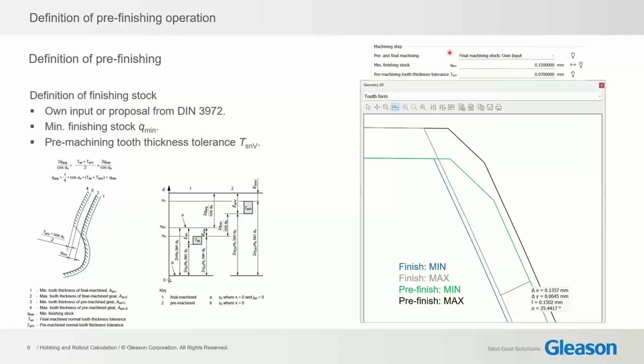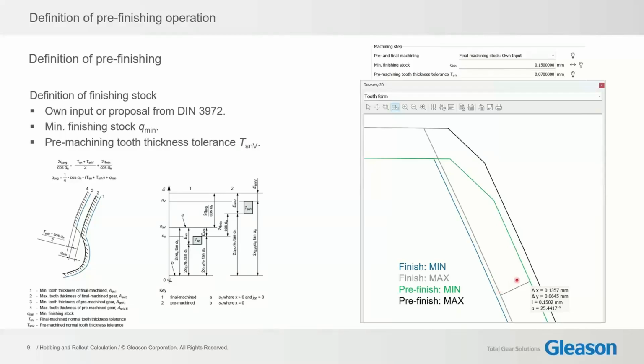The definition of minimum finishing stock is shown in this picture below. We have the minimum finishing geometry and the maximum finishing geometry in gray, and then in green the minimum pre-finish geometry, and in black the maximum pre-finish geometry. The minimum finishing stock is the distance between the maximum finishing and the minimum pre-finishing.